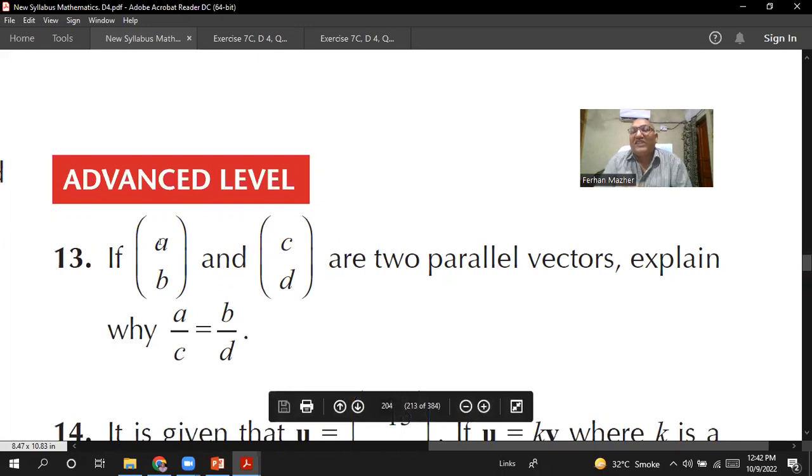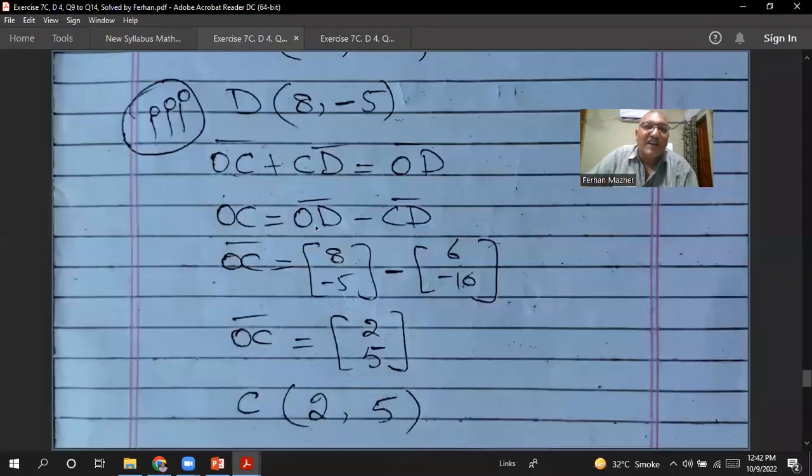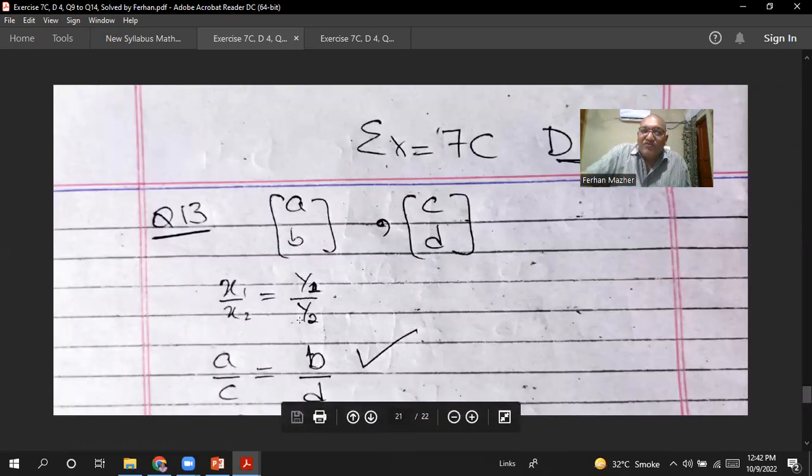Because you know, when two vectors are parallel to each other, the ratio of the x1 to the x2 is equal to the ratio of the y1 to the y2. That is my explanation. So the ratio of the x1 to the x2 will be equal to the ratio of the y1 to the y2. So A by C will be equal to B by D.